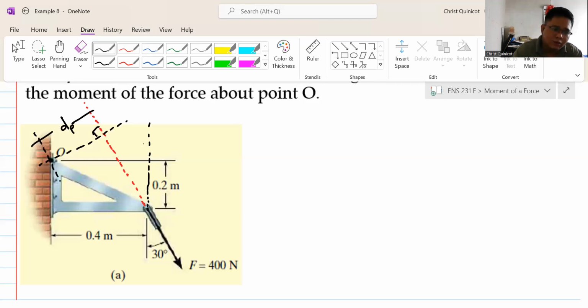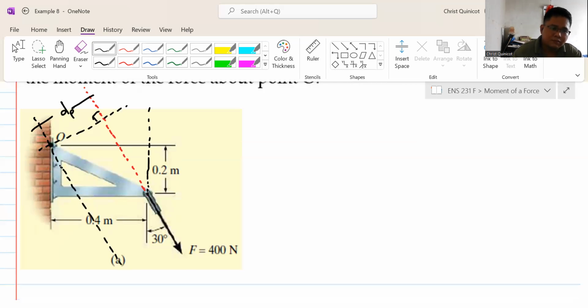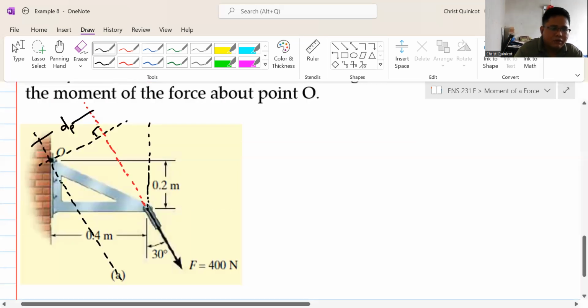So if we continue this line of action, we create a line parallel to the line of action of F, and it still passes through point O. So we just continue this black line here. Next, we know that from this point to this point, that's 0.4.